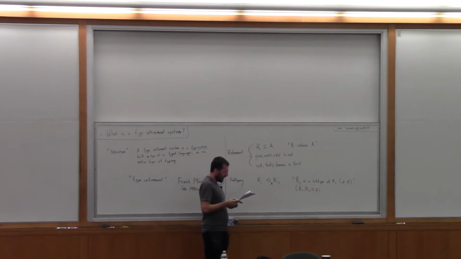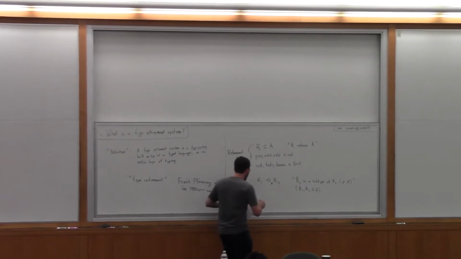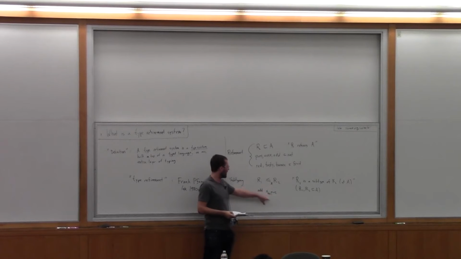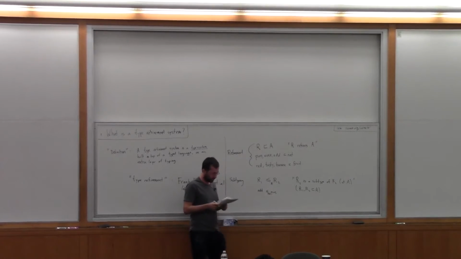So for example, we can write that odd is a subtype of positive at the type of natural numbers.